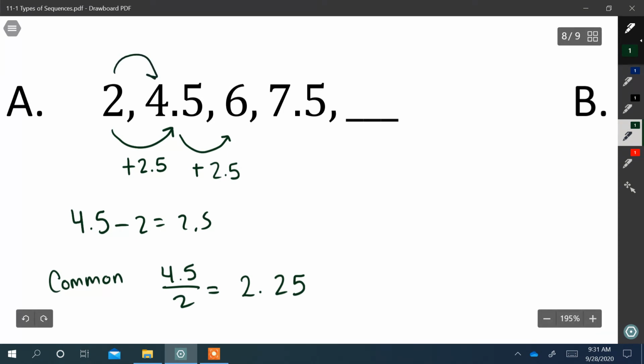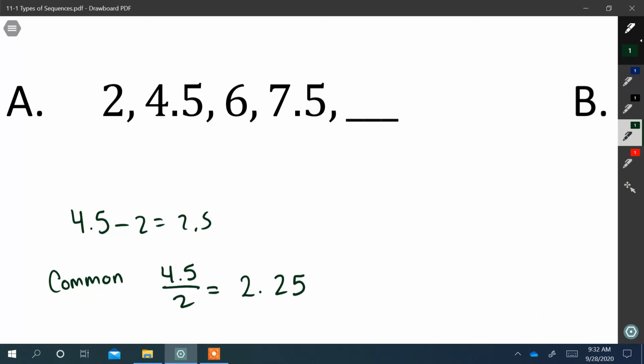Are we multiplying 4.5 times 2.25? Okay, there doesn't seem to be an obvious pattern in here.